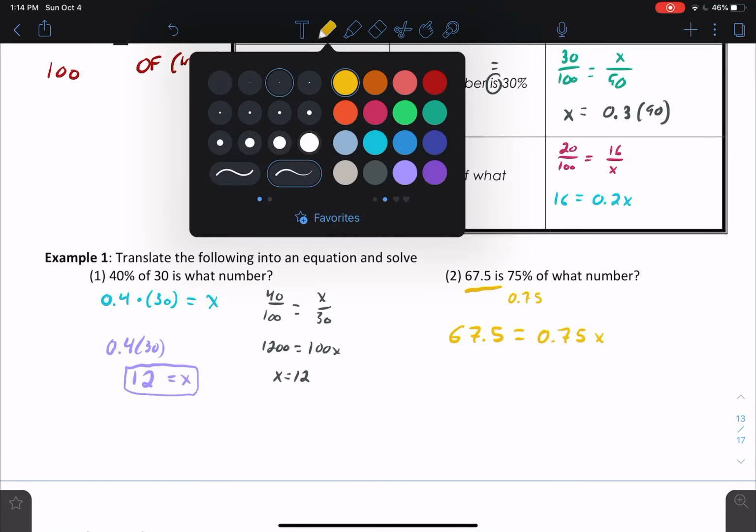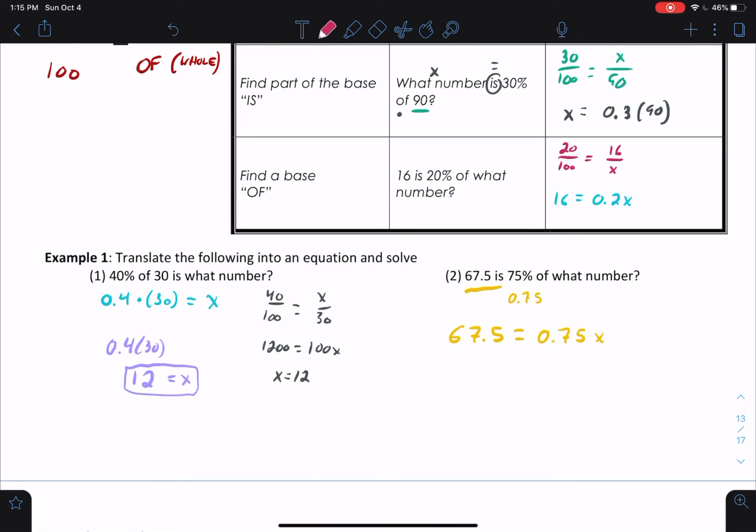So then, what's happening to our x is being multiplied by 0.75, so I'm going to divide both sides by 0.75. Use my calculator, and I'm going to get x to equal 90. Okay, so 75% of 90 is 67.5.